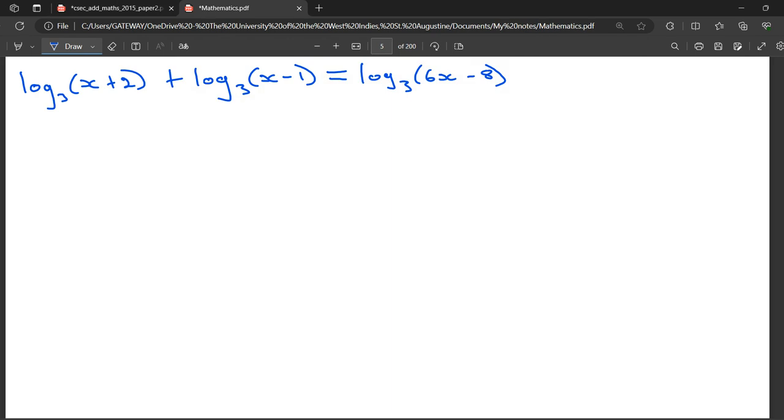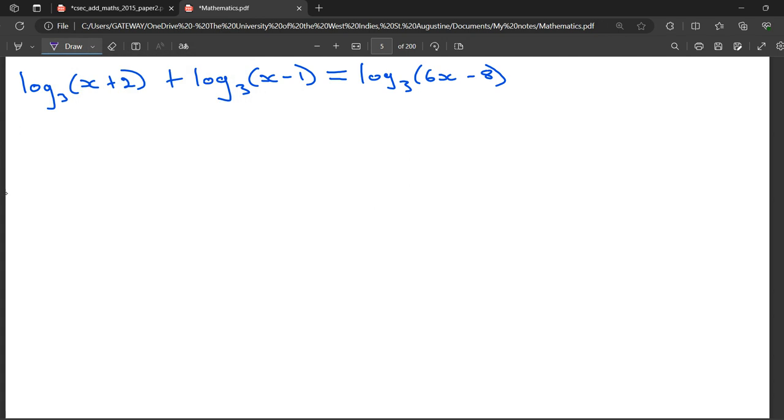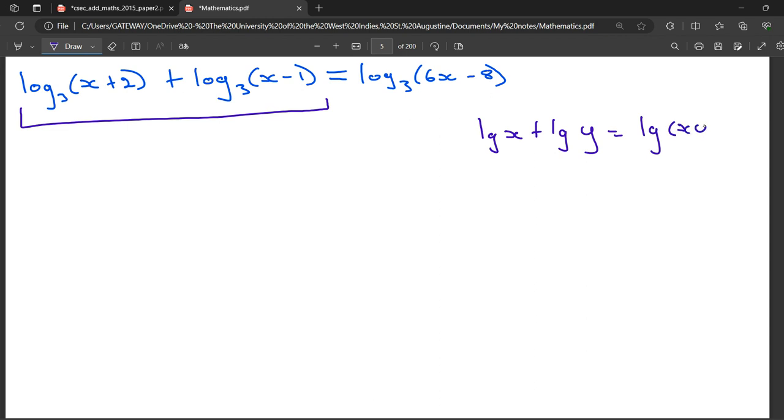So let's see what we could do here. Put this in this color here. We are applying the rules of logs. So this is the addition of two log terms. If you have log of x plus log of y, this is a property that says you will have log of x times y.